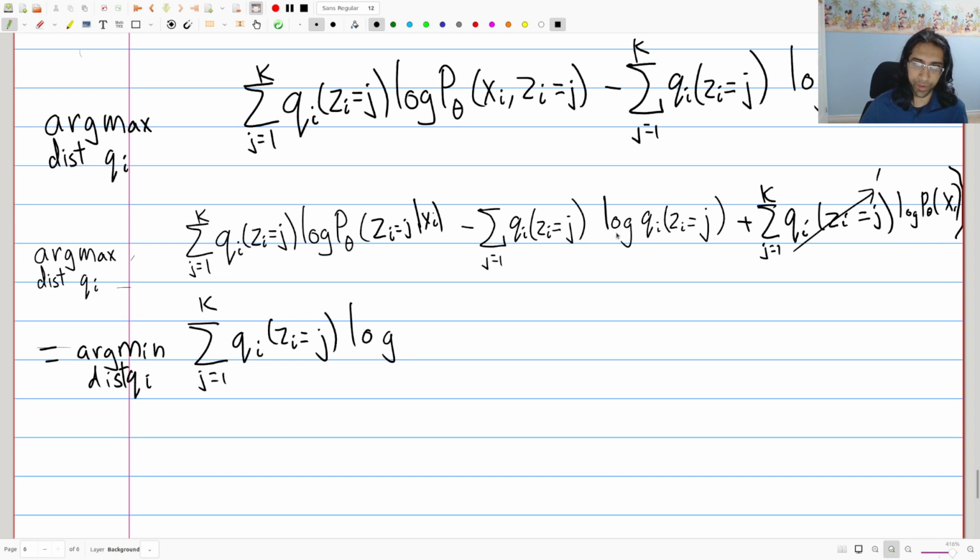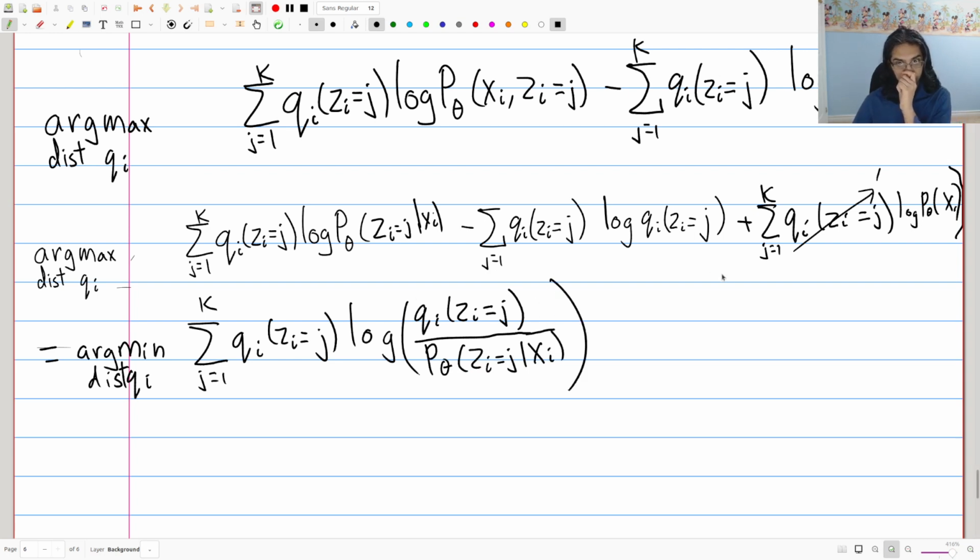When you negate the expression, this will be plus log qi, and this will become minus log p theta. So in other words, this just becomes qi(ci equals j) divided by p theta of ci equals j conditioned on xi.